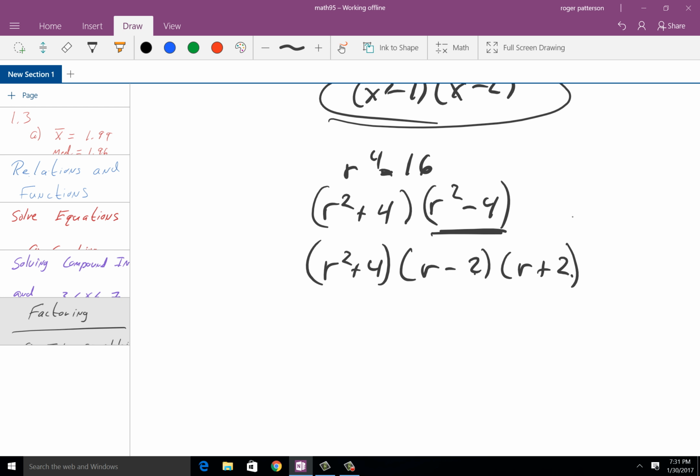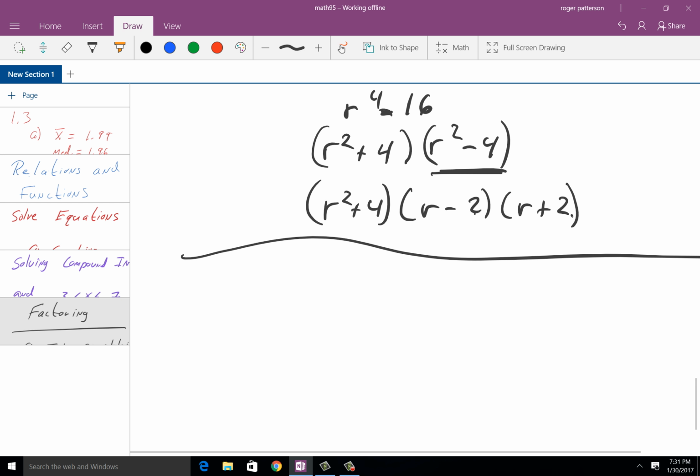Okay. So what I want to do is go to the next section, which is solving quadratics. But I want to talk a little bit about that. On solving quadratics, you did some of this in, I think it's in 65.